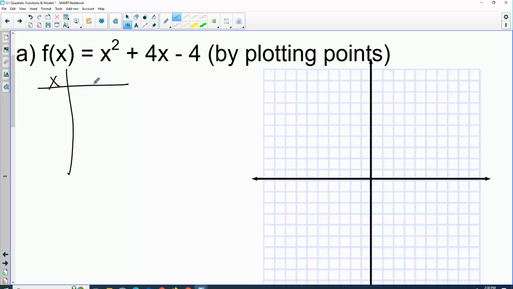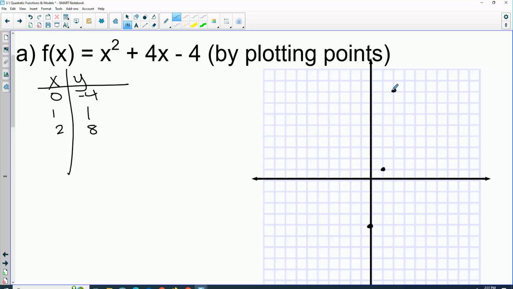All right, what do you want to plug in? 0. So if I put in 0, 0 plus 0 minus 4 is negative 4. If I put in 1, 1 plus 4 minus 4 is 1. If I put in a 2, 4 plus 8 minus 4 is 8.